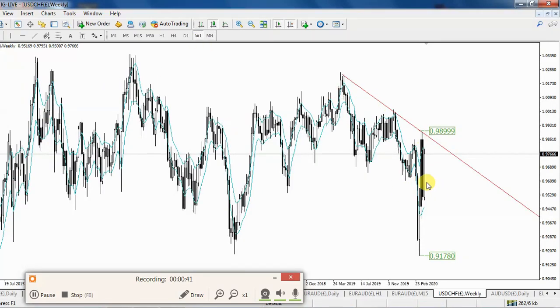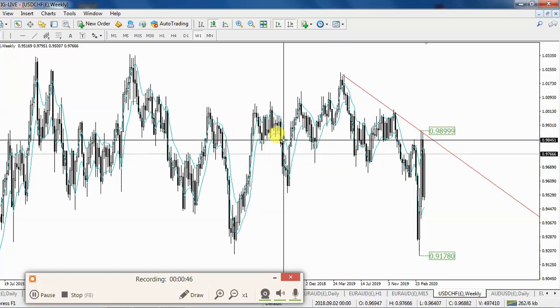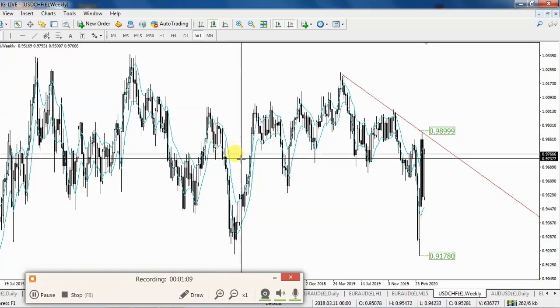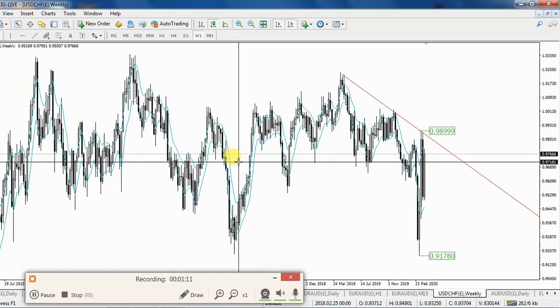I do see a bit more push at least up to this 98.50 zone. We got this high here, so I do see that coming for the following week, and if the price pushes up to this high, it will be coming to this weekly trend line as well. Of course it might start breaking it, but for now that's the potential I see. However, I do want to see a retracement down to these lows, which is around 97.20.